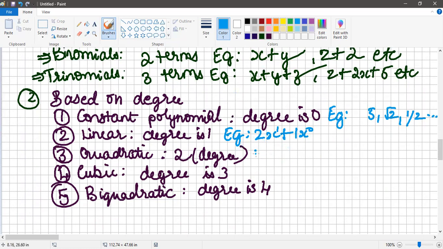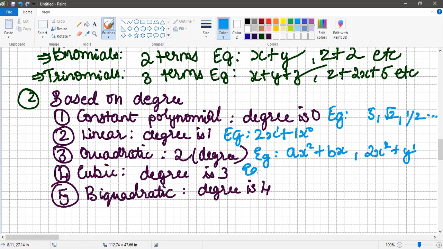And then we have examples for quadratic polynomial where degree is 2. We can take ax square plus bx. Now here we have power 2 for x. Another example, let's say 2x square plus y. Here again it is a quadratic polynomial, since the degree is 2.